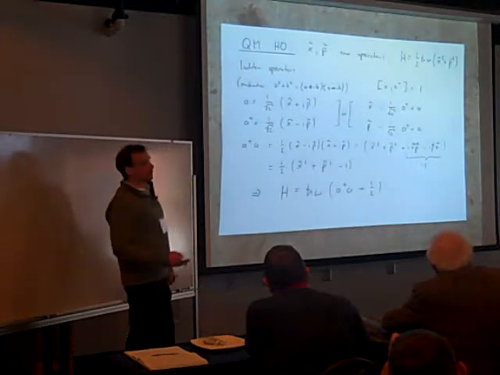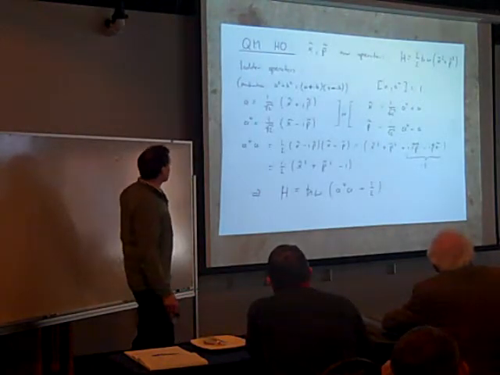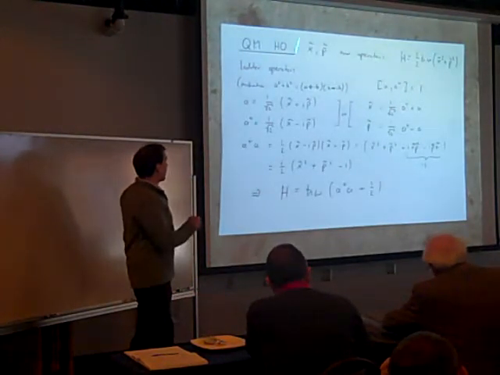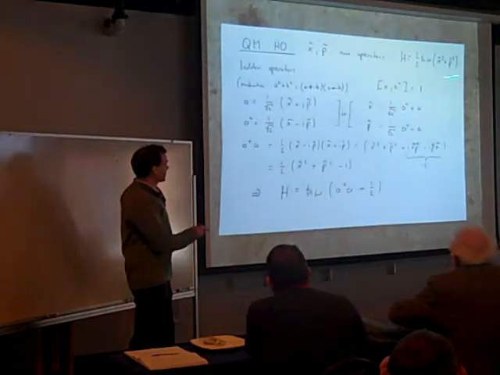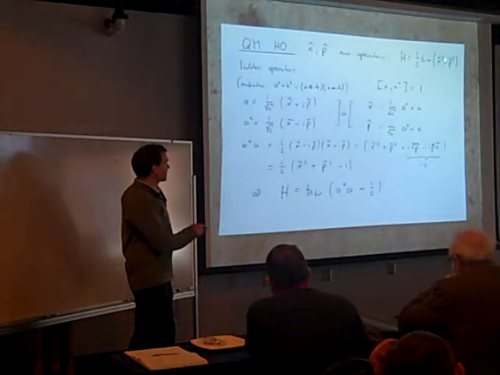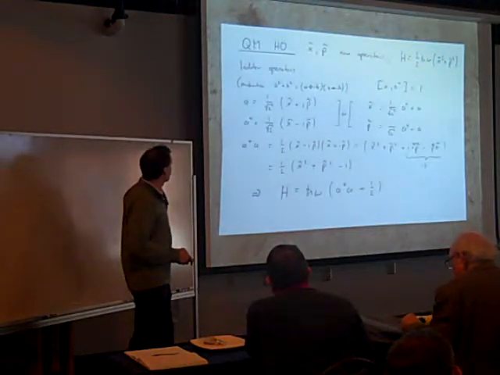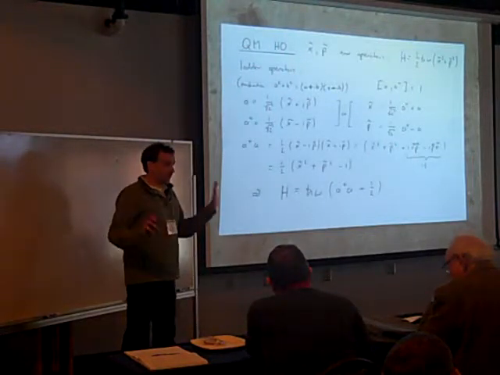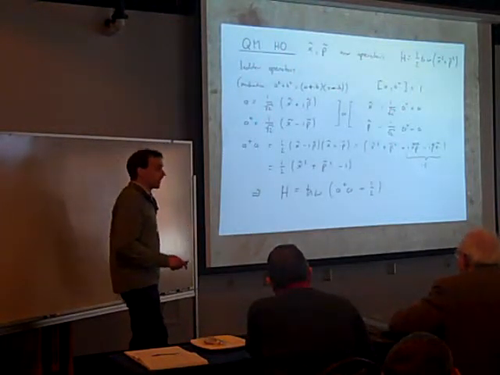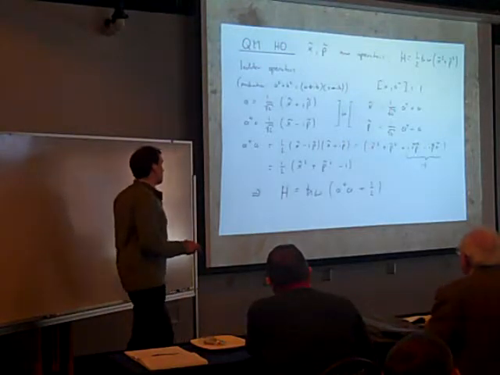Now, let's go to quantum. What changes? Well, now x and p are operators, okay? And the Hamiltonian can still be written in the same way, but now H, x, and p are operators. Okay? Well, we can introduce ladder operators. You've all seen this in quantum mechanics when you did the treatment of the harmonic oscillator.